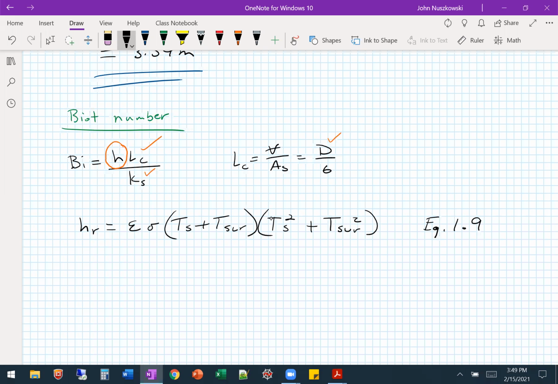Okay. All right, so if we look at that one, we have surrounding temperature, emissivity of 1, Stefan-Boltzmann constant. Then we just need the temperature of the surface. What temperature do we use then?